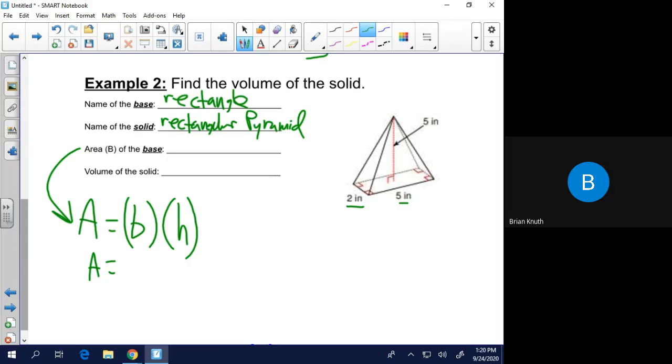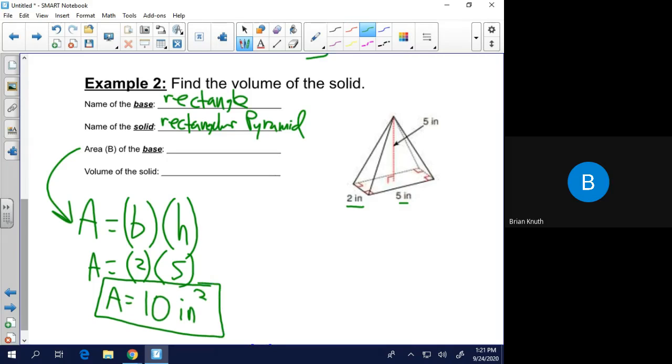I wrote down 2 for my base and 5 for my height. Okay? 2 times 5 is going to give me area of 10 inches squared. Okay, so I'll plug that in here. 10 inches squared.